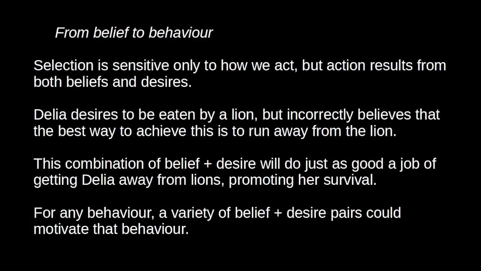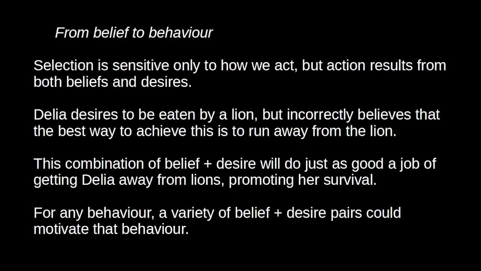Okay, if there are really lions and one of the lions is potentially going to eat the organism, well, yeah, the organism is going to be selected to have internal states that motivate it to run away from the lion. But consider this scenario.